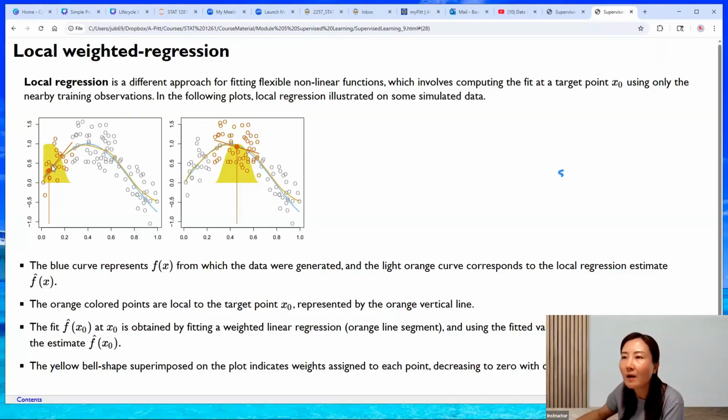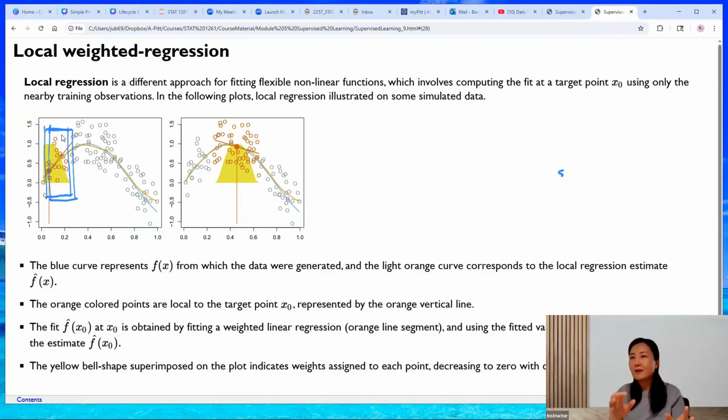And then how about other observations, for example, the point next to it? This is the span, or you can consider it as a window. Then you shift to the next observation, so the window will be slightly shifted for the next target observation.